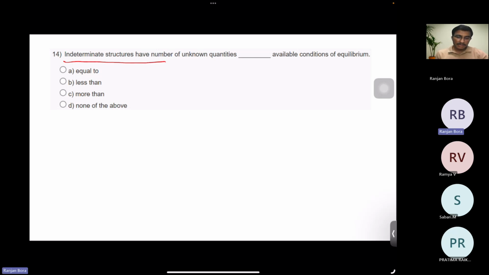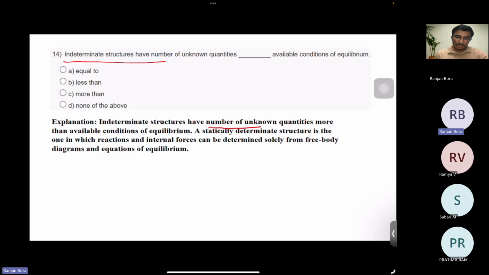Indeterminate structures have a number of unknown quantities more than the available conditions of equilibrium. And what is a statically determinate structure? It is the one in which reactions and internal forces can be determined from free body diagrams and equations of equilibrium.